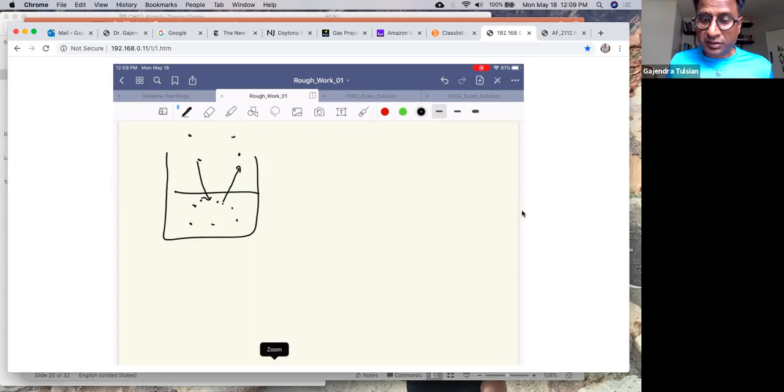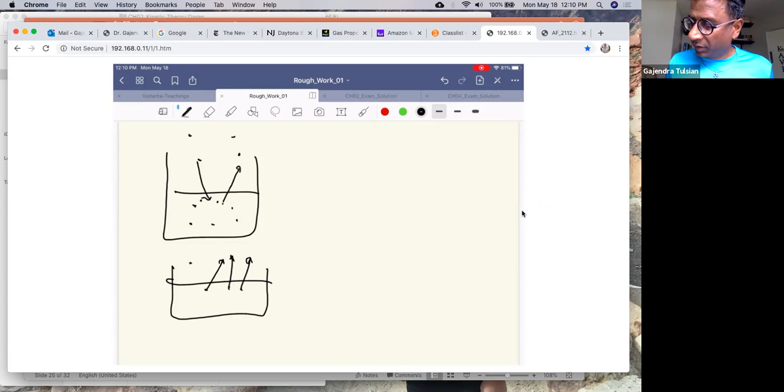If it's less than 100% humidity, then there are more molecules escaping than coming in. And when the molecules escape, it's the fast molecules in that distribution. It's these guys that are escaping from the glass.